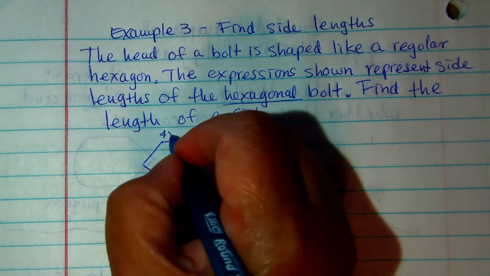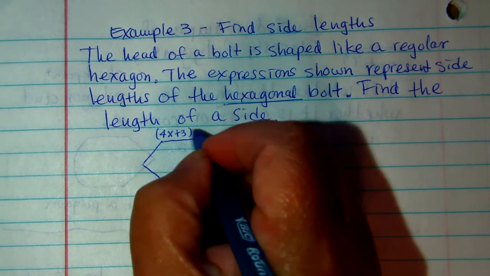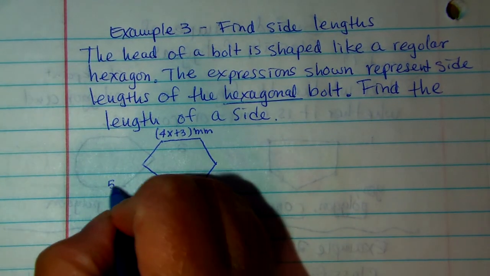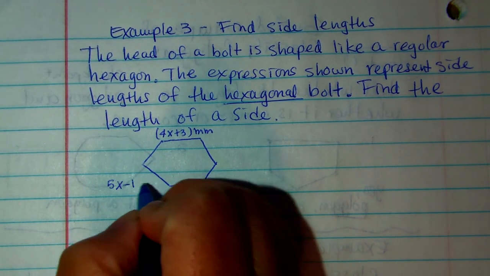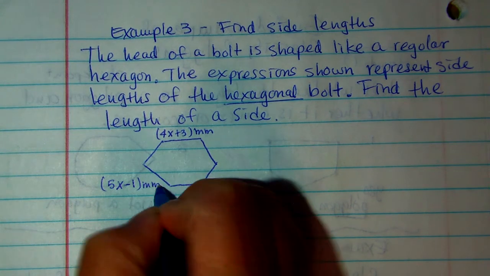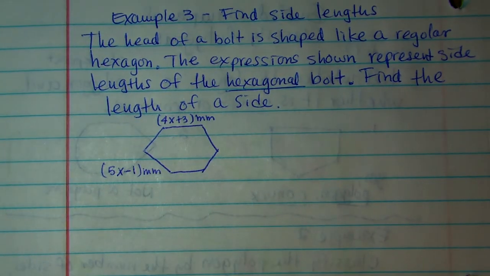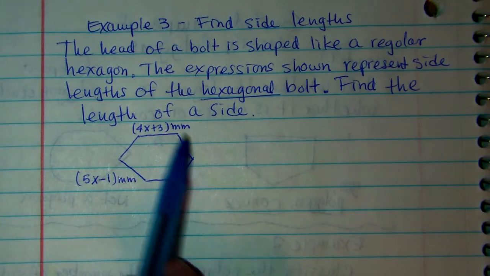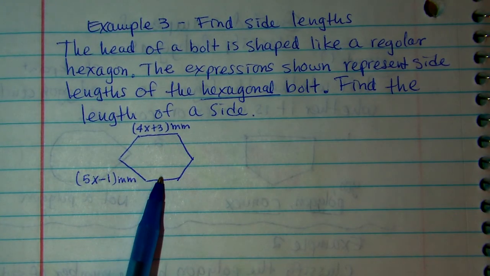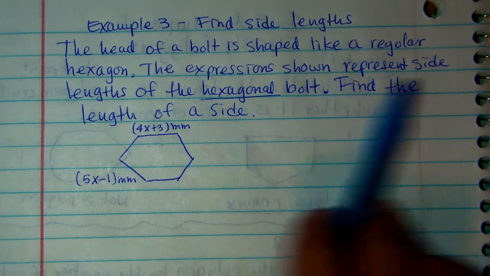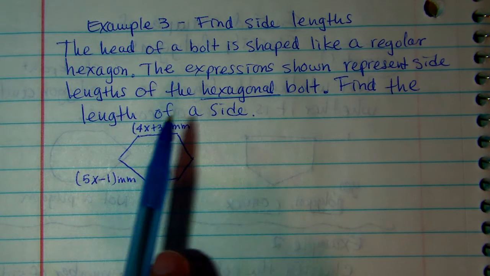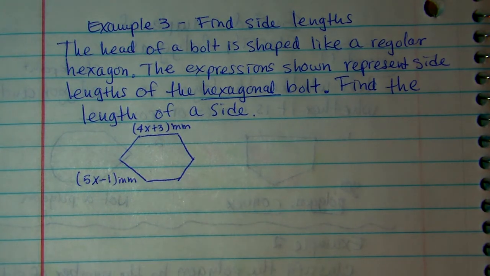We have 4x plus 3 millimeters, and over here on this side we have 5x minus 1 millimeters. Okay, all right, so this is the shape of the head of the bolt, and the expressions shown represent side lengths of the hexagonal bolt. Find the length of a side. So we need to find out what is the measurement of one of the sides.